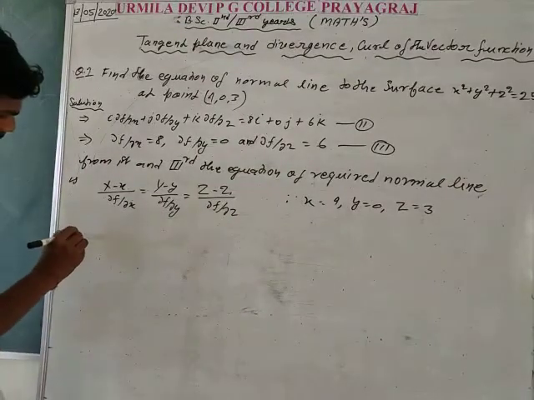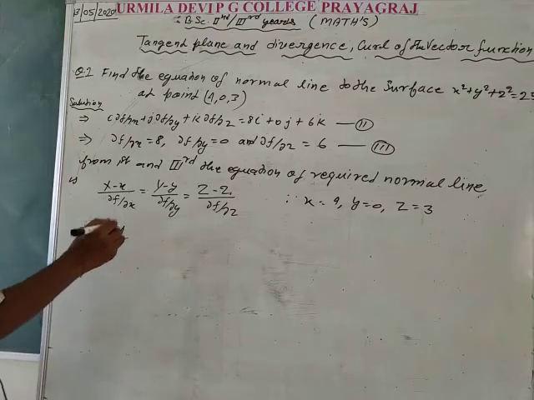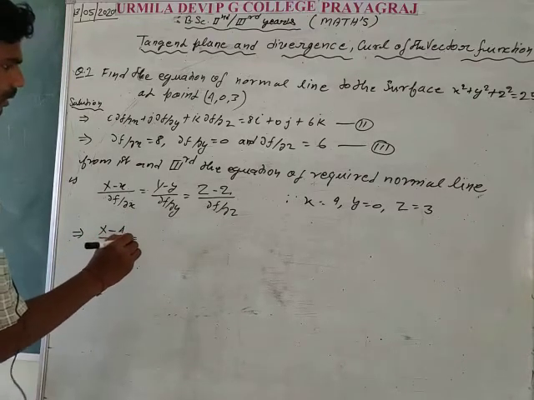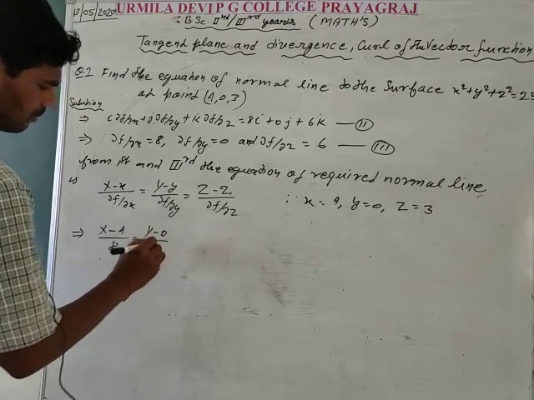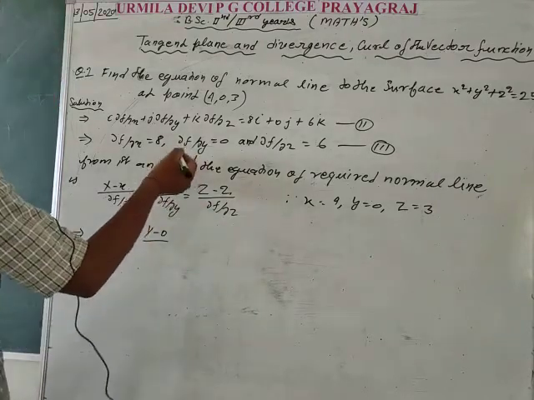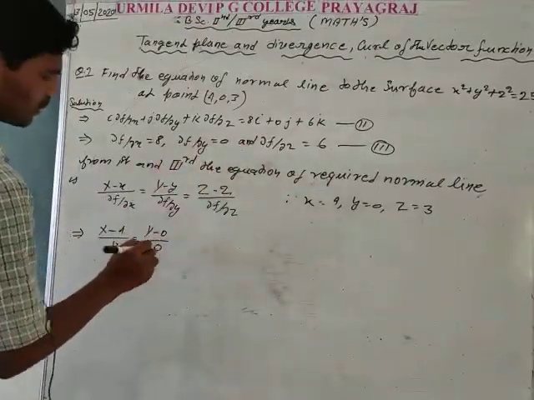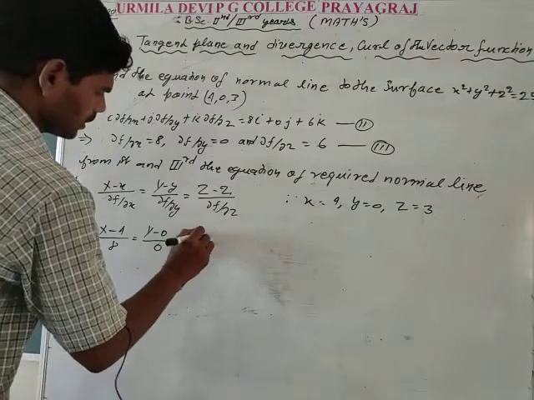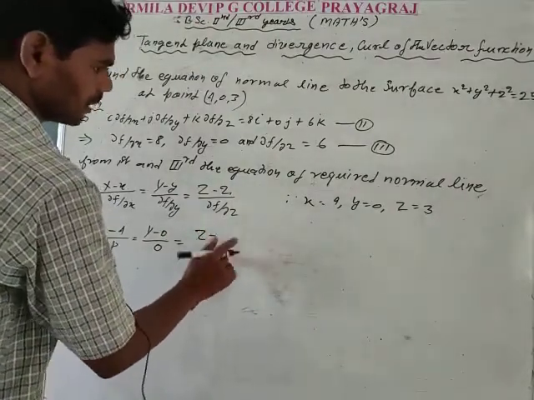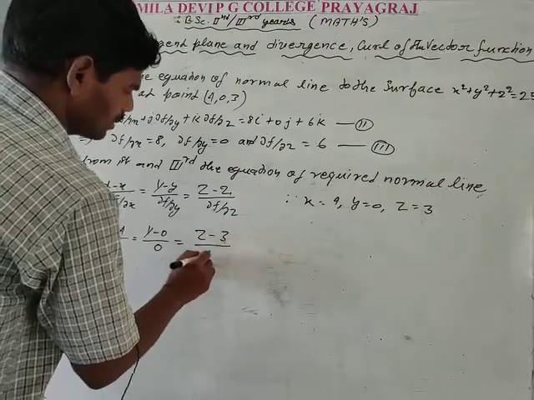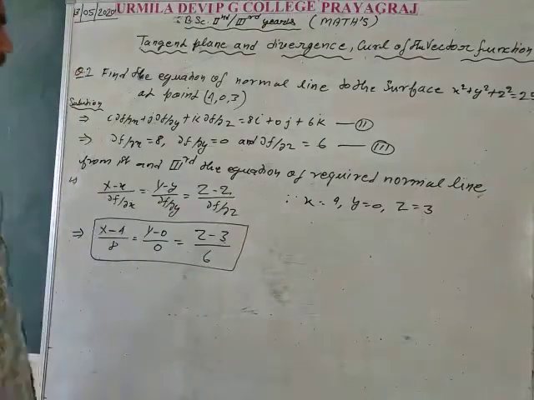So we get (X minus 4) by 8 is equal to (Y minus 0) by del f by del y, where del f by del y is equal to 0. At last, (Z minus 3) by 6 is the complete equation of the normal line.